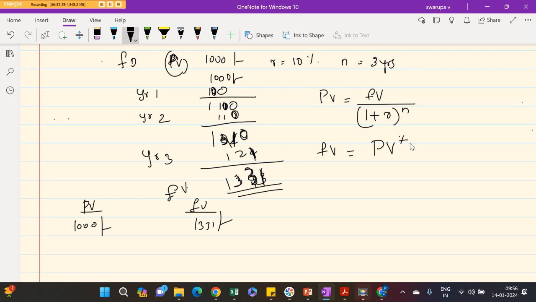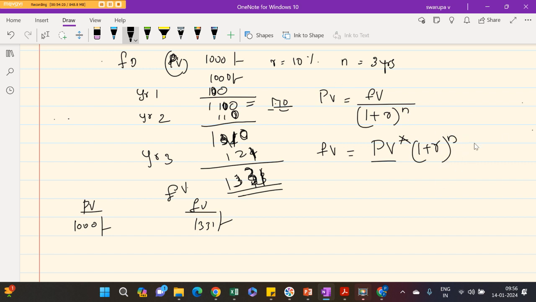So present value into 1 plus rate of interest to the power n. So what does this say? My present value multiplied by 1 plus r. What is this? This is 1.10, right? 1 plus r.